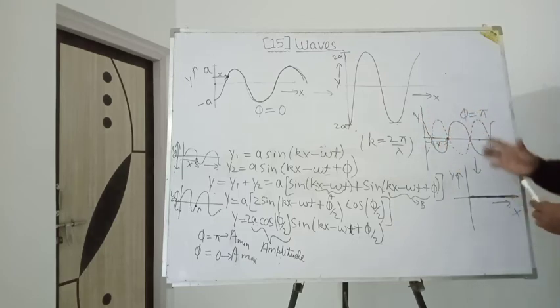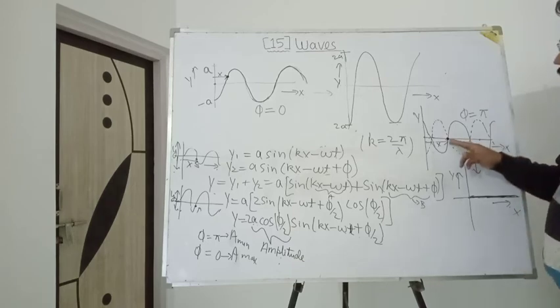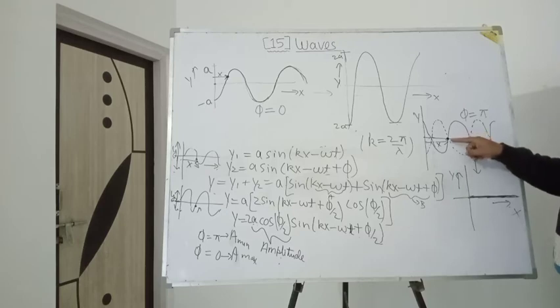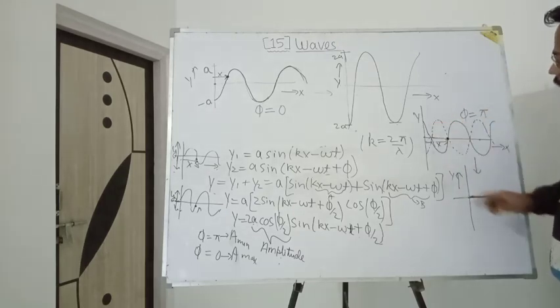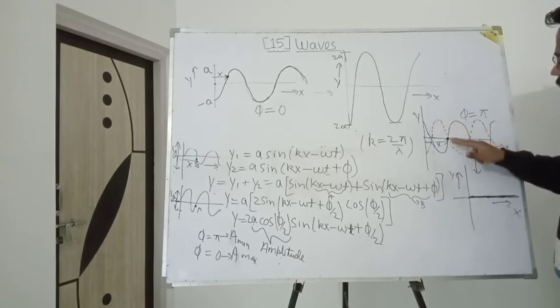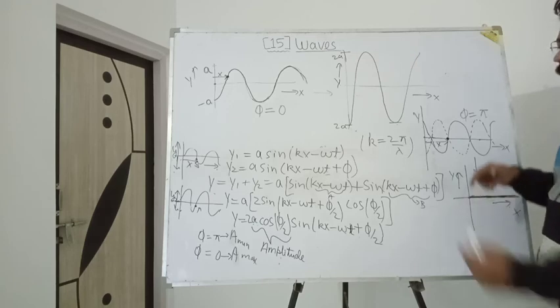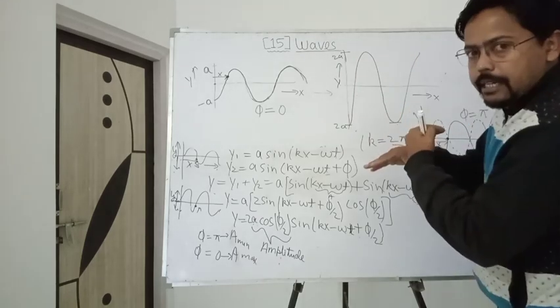At any position x, one particle will have the tendency to go up because of one wave, and because of the other wave, the particle at that position will have the tendency to go down. That means both are moving in opposite directions.